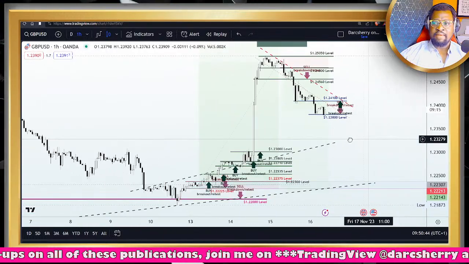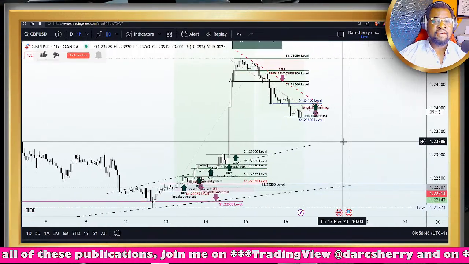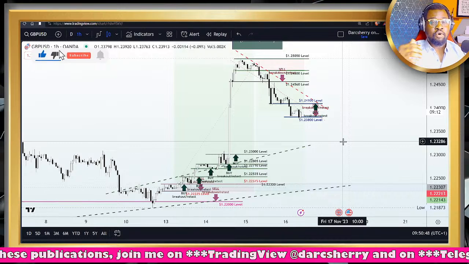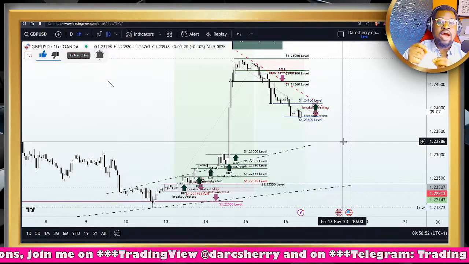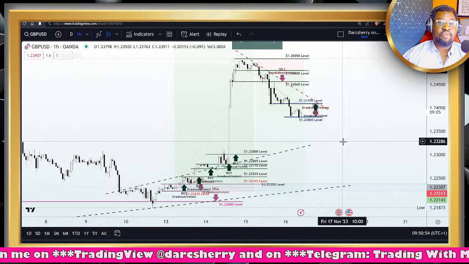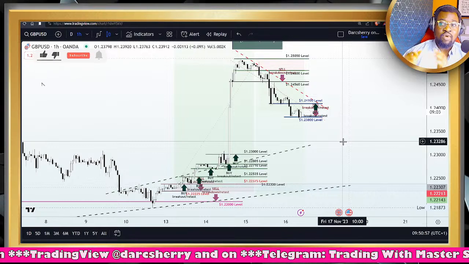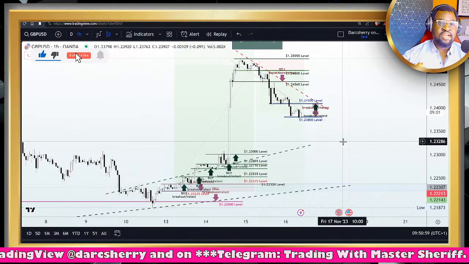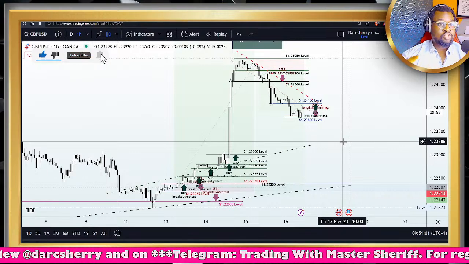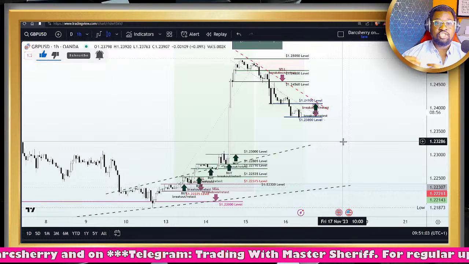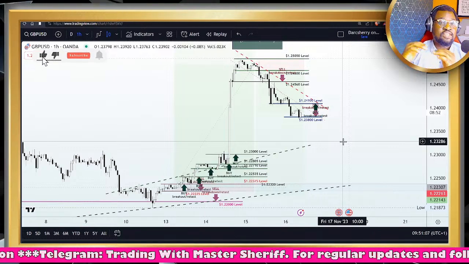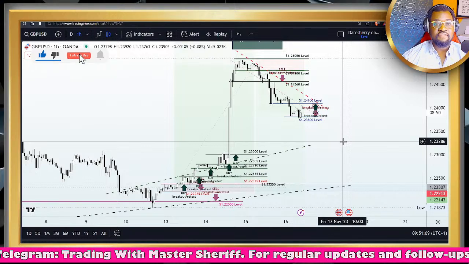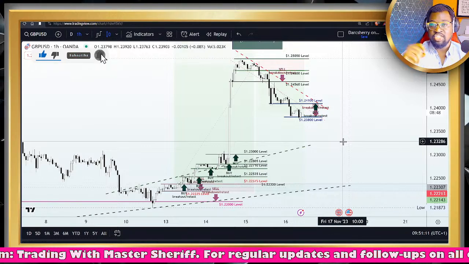And usually whenever we have such an impulsive move, there is this psychological expectation that those who bought at a very cheap price at the beginning of the week and have amassed a significant amount of profit may want to start closing some of their positions, taking some profits off the market, and this usually reflects on the chart as a retracement move.